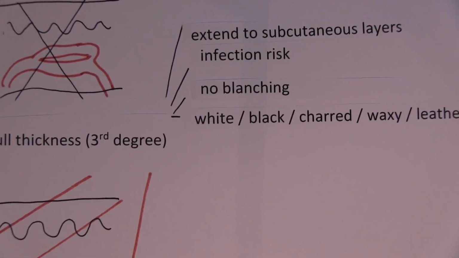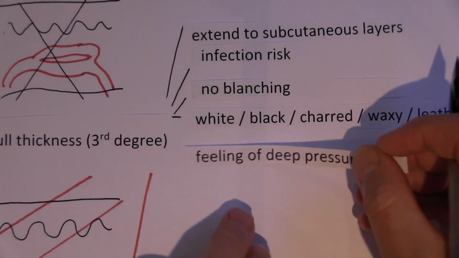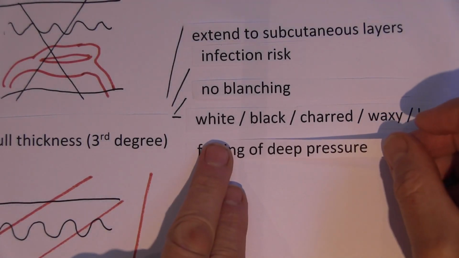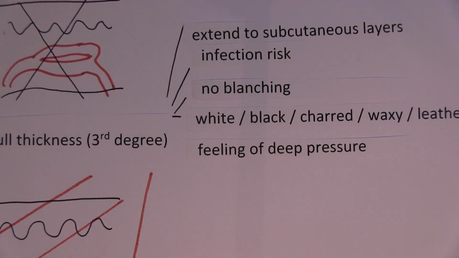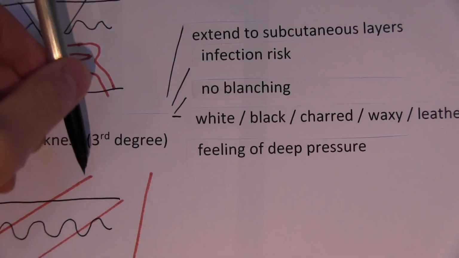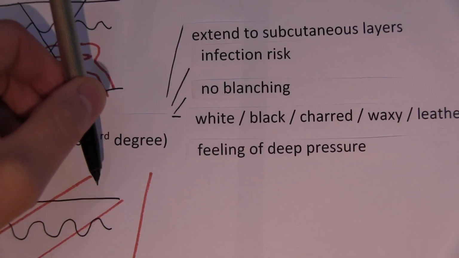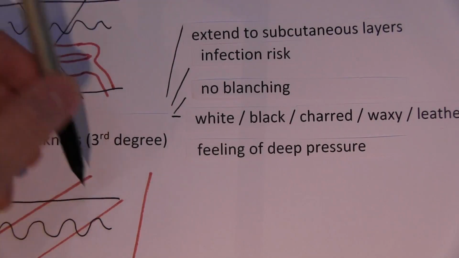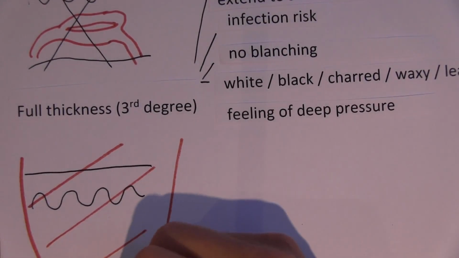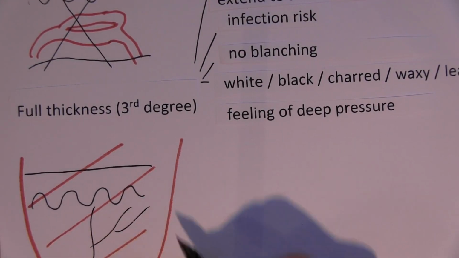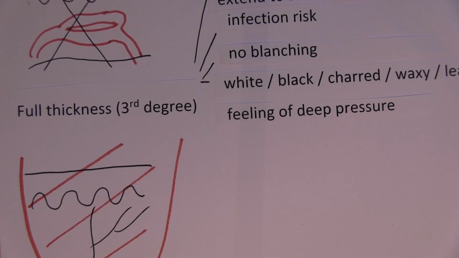Now, as well as that, the nociceptors, as we've seen several times, are all in the dermis, and they're all lost. So again, when you prick the burn with a sharp pin, there's no nociceptors to feel the sharp pain. The nociceptors that were there are all burnt away, they no longer exist.